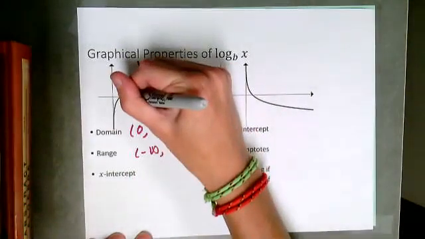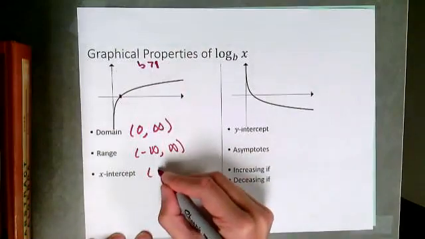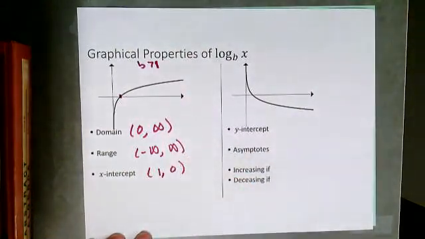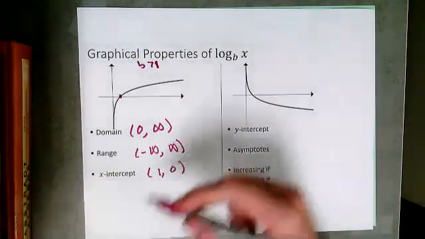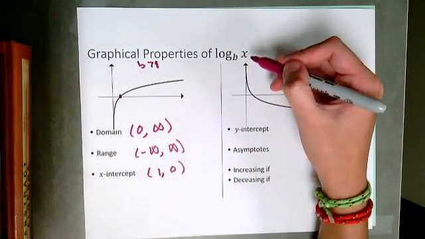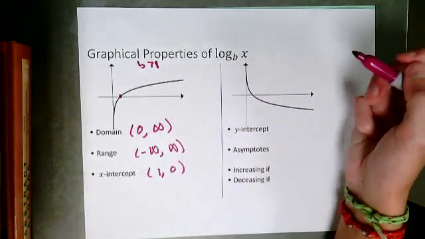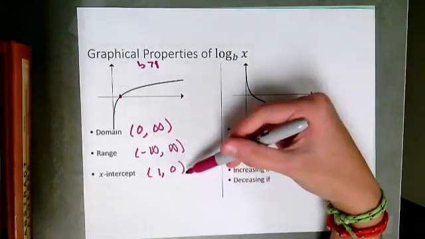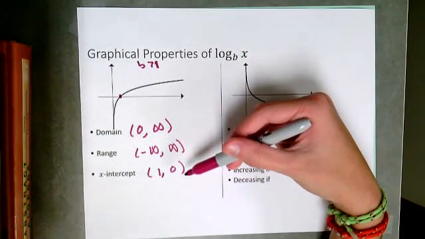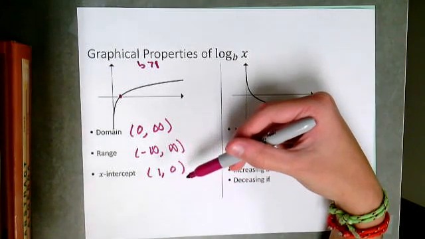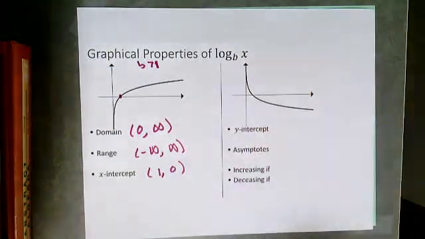X-intercept, it does have one right there, and that happens at (1, 0). Why? Well, if you plug in 1 for x, it doesn't matter your b value, your y is going to be 0. Also, the intercept for the exponential function was (0, 1), right? So when they're inverses, you swap all the x's and y's.